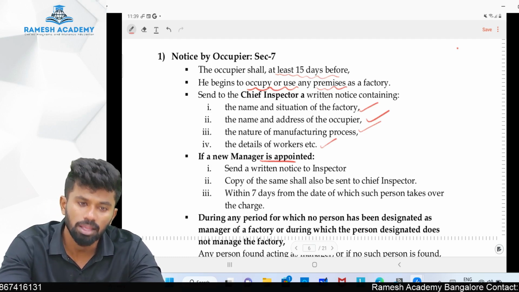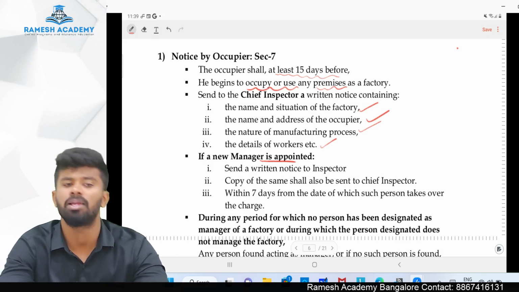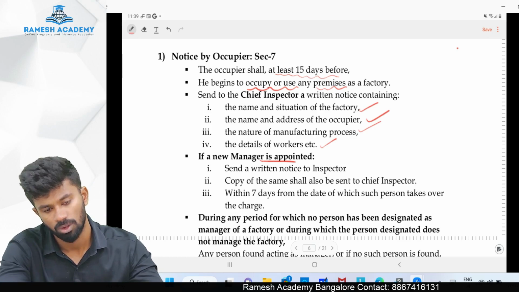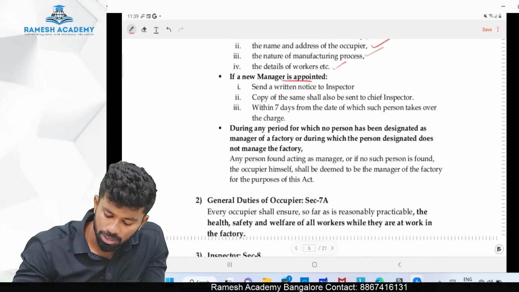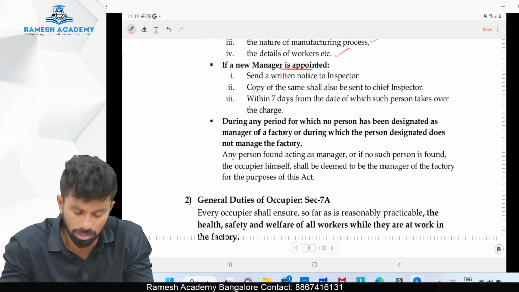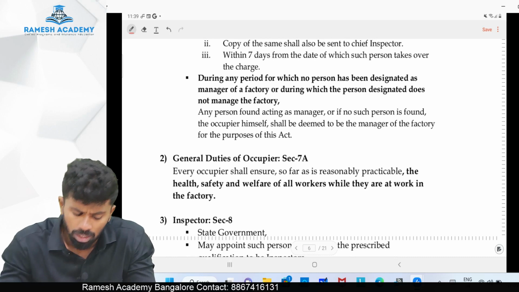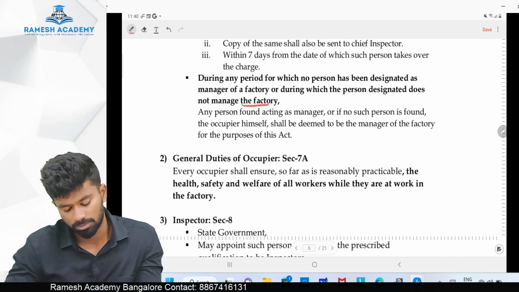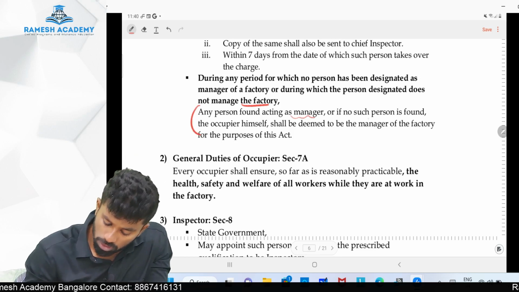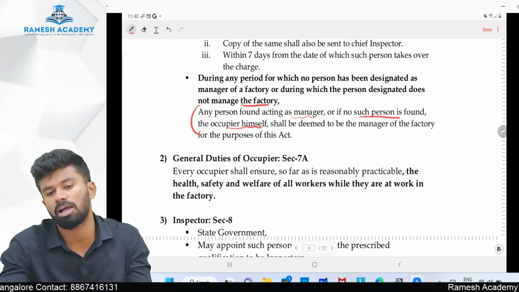If a new manager is appointed or there is a change of control, that shall be intimated within 7 days. During any period for which no person has been designated as manager of a factory, or during which the person designated does not manage the factory, any person found acting as manager, or if no such person is found, the occupier himself shall be deemed to be the manager.